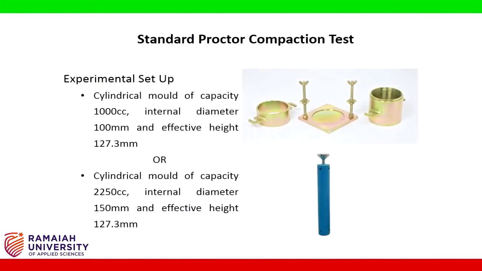Experimental setup: a cylindrical mold of capacity 1000 cc, internal diameter 100 mm and effective height 127.3 mm, or a cylindrical mold of capacity 2250 cc, internal diameter 150 mm and effective height 127.3 mm.